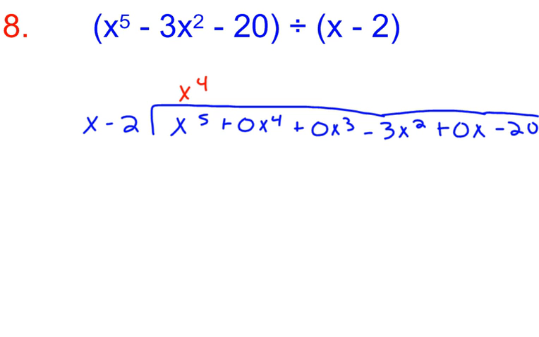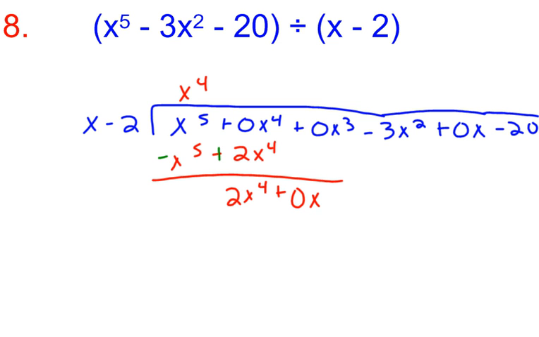So then I distribute that to both. It'd be x to the 5th minus 2x to the 4th. Draw my line, change the signs. So I have 2x to the 4th plus 0x cubed. What times x would make 2x to the 4th? That'd be 2x cubed. Distribute that 2x cubed, I'd get 2x to the 4th minus 4x cubed.